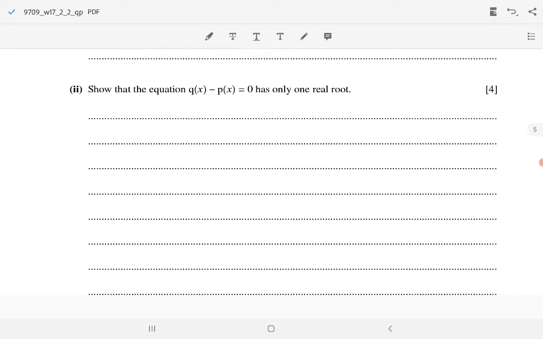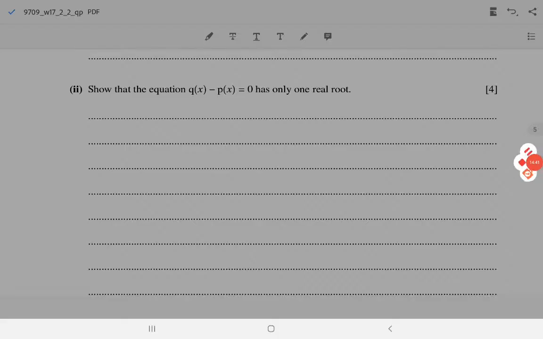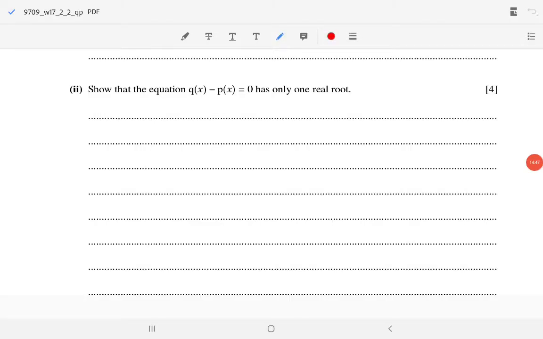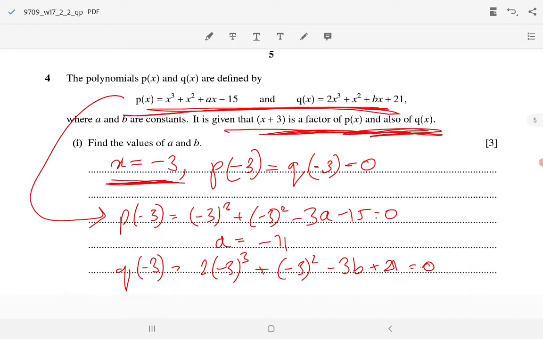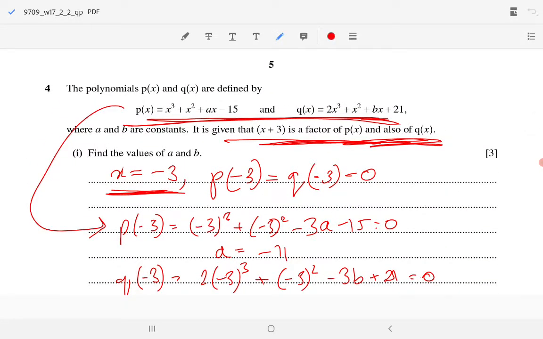Show that the equation q of x minus p of x is equal to 0 has only one real root. Yeah, so we'll just do this. q of x, 2x cubed plus x squared minus 8x plus 21, minus p of x.